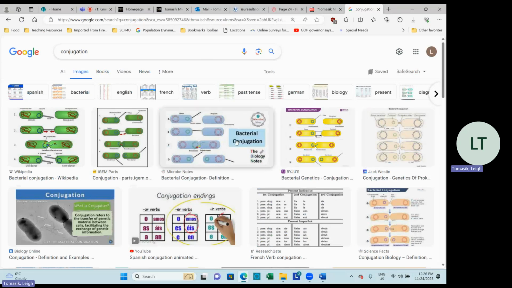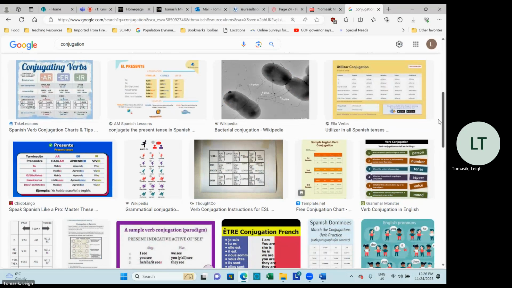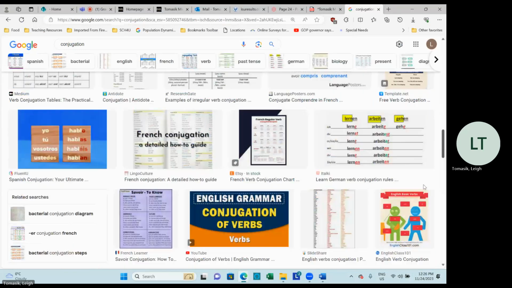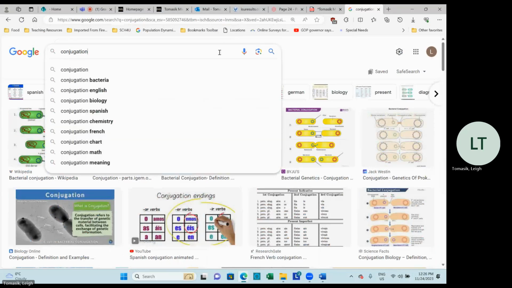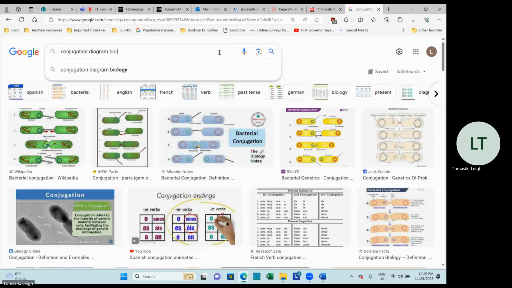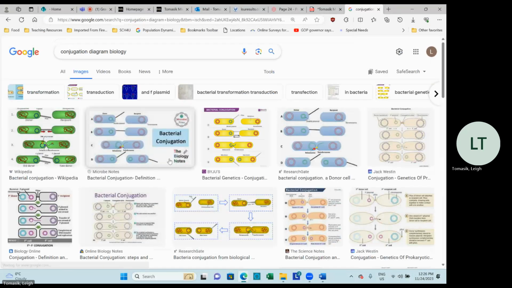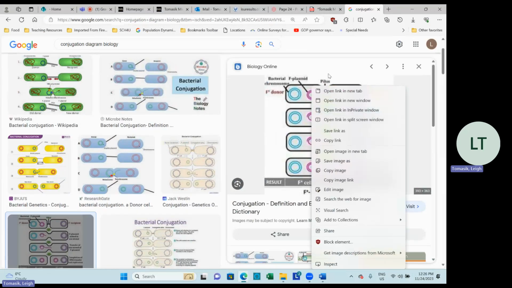Okay, so here is conjugation. Right here. This is a good one.